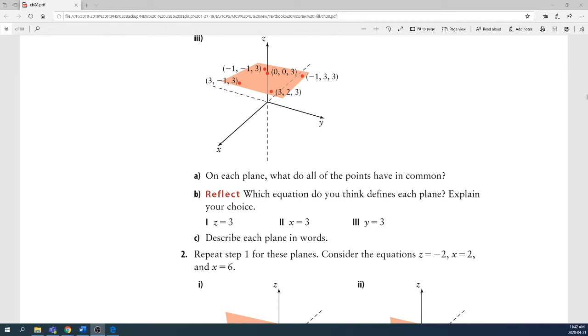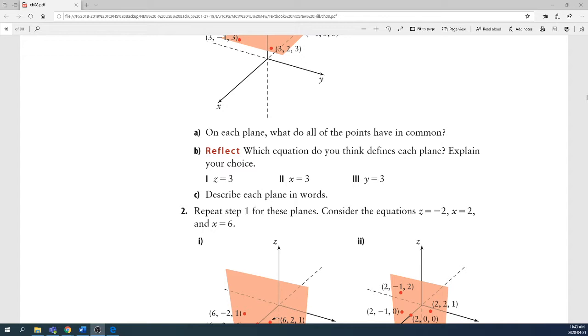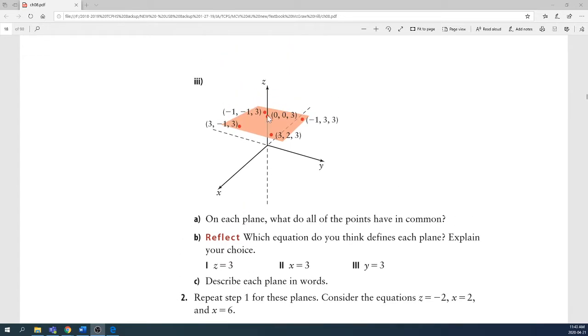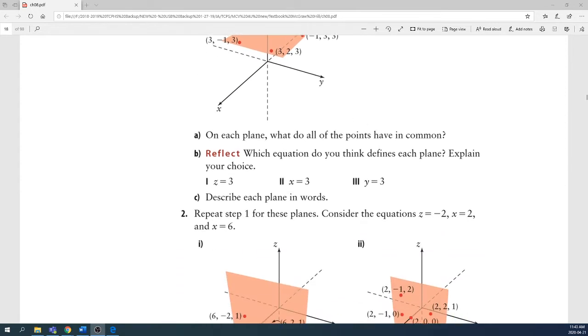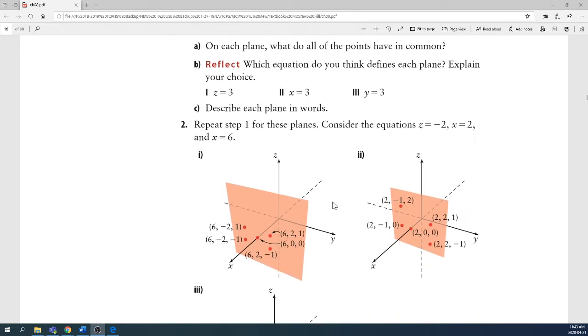And likewise, z is equal to 3 would be the last one. All the z values must always be 3. The x and y values change. Describe each plane in words. Well, we did that. It's essentially a sheet of paper that's cutting either the z, the y, or the x-axis at a particular value. For number 2, repeat step 1 for these 6 planes.